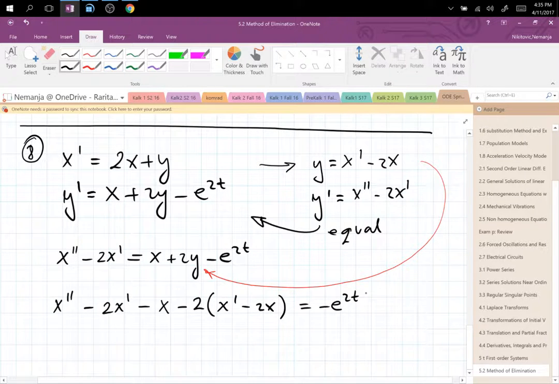So this time around we'll have a non-homogeneous one, right? All right, so try to push past this point.